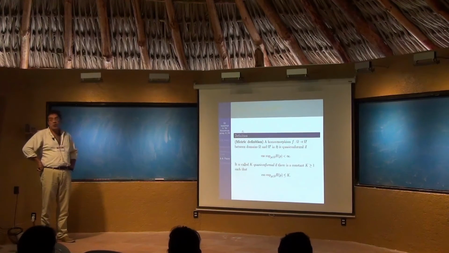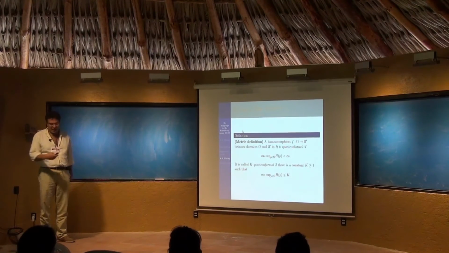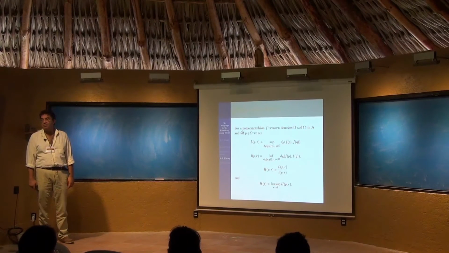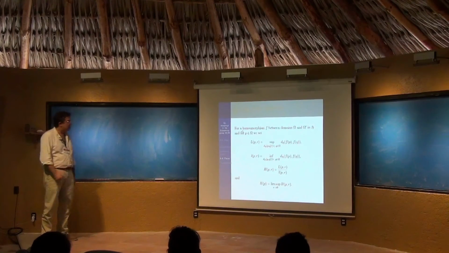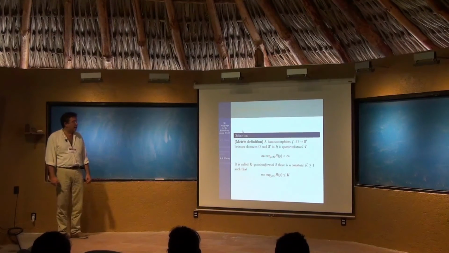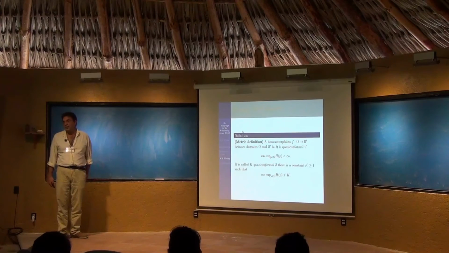A homeomorphism between domains is quasi-conformal if the essential supremum of this H(P) is bounded, and it is called K-quasi-conformal if there is a constant K such that it is bounded by that K.